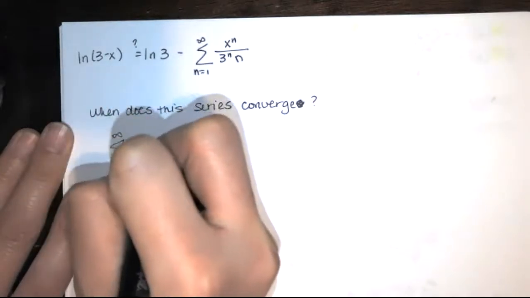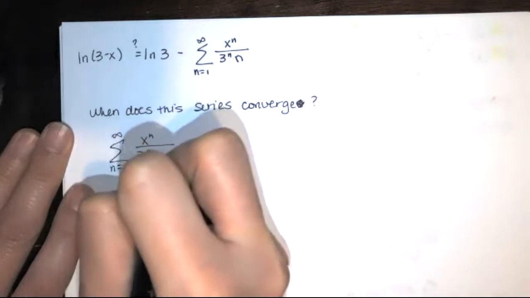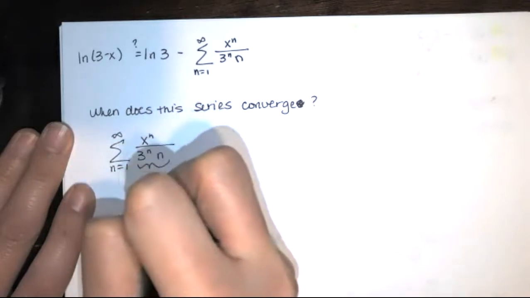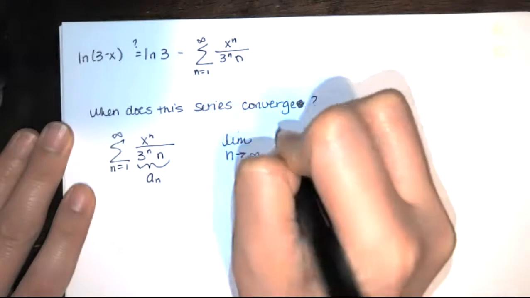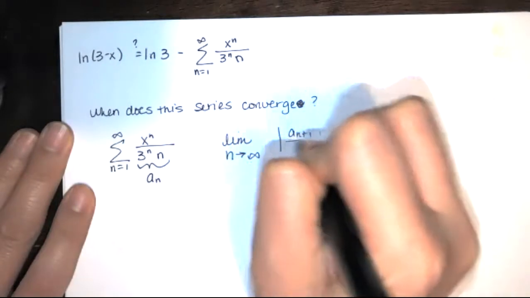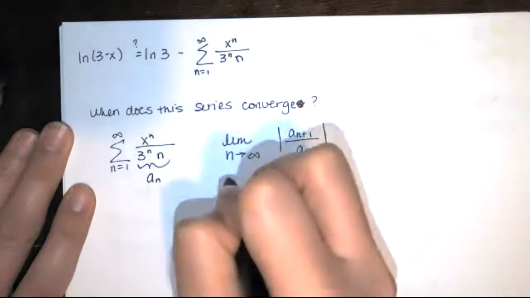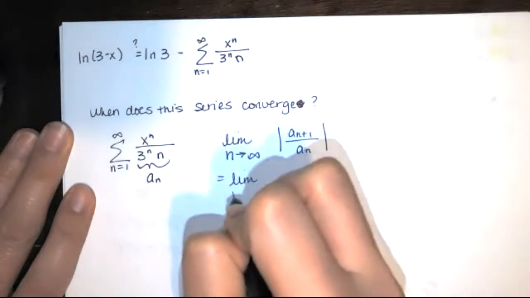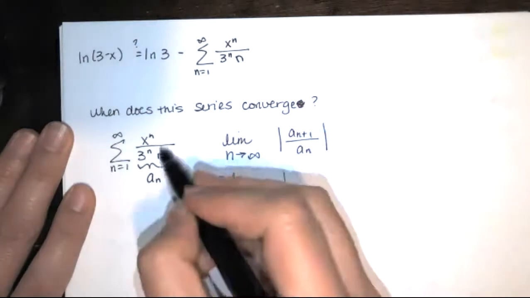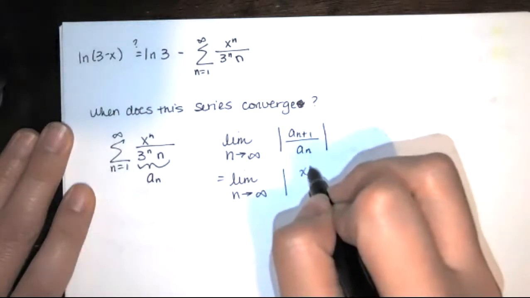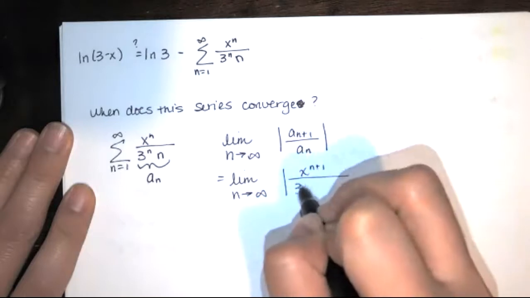In order to figure that out, I will use the ratio test, where this is my a sub n. So we'll take the limit as n goes to infinity of a sub n plus 1 over a sub n in absolute value. And a sub n plus 1 looks just like this, but you replace all the n's with n plus 1s.